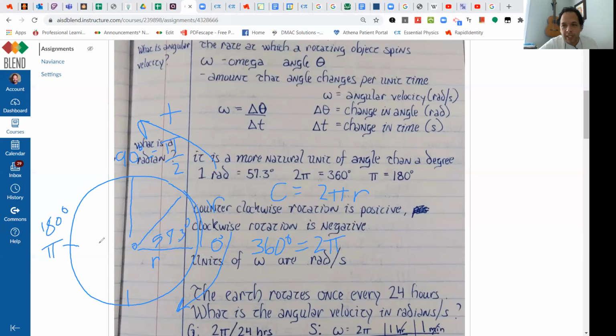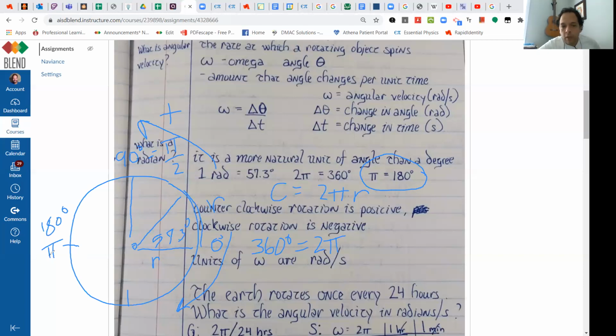So there's a relationship between radians and degrees, and we just have to be cognizant of that. And this pi equals 180 is usually what I use, with dimensional analysis, to go from degrees to radians or radians to degrees.